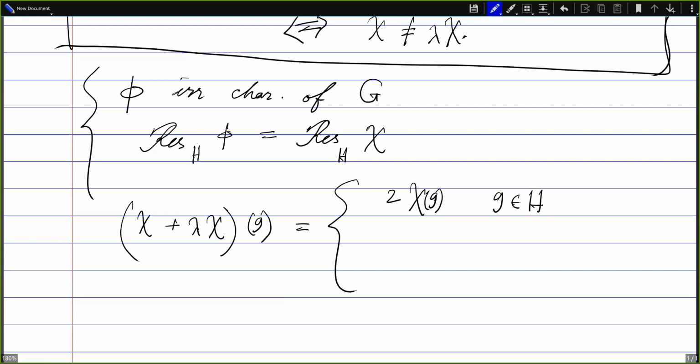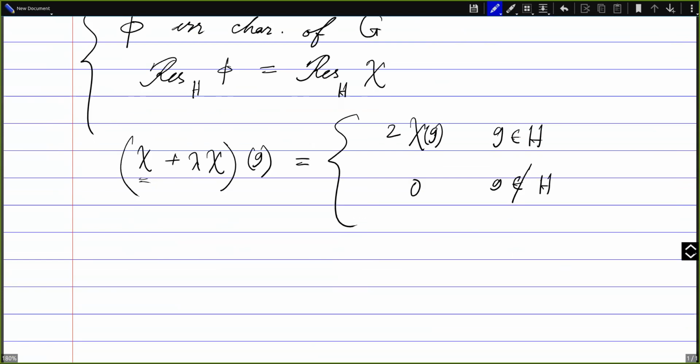When g doesn't belong to H, this is chi(g) and this is minus chi(g), so the sum has to be 0. Okay, so this is what we have. Now we will compute the inner product of this with chi.